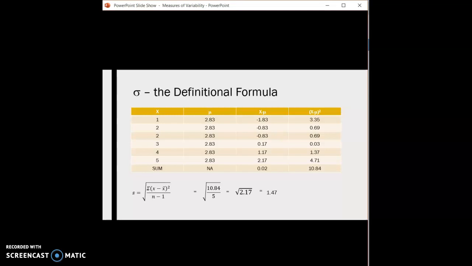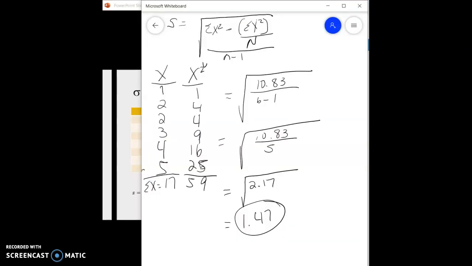So important to know how to do the definitional formula so that you understand what each part of that equation is actually telling us about the variability in the scores. But once we move forward, you'll have the option to use either the definitional or the computational formula. And for ease of work, I would say that the computational formula is probably the way to go.